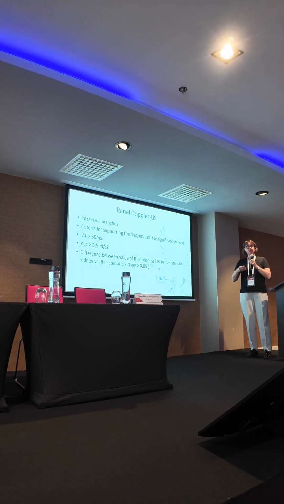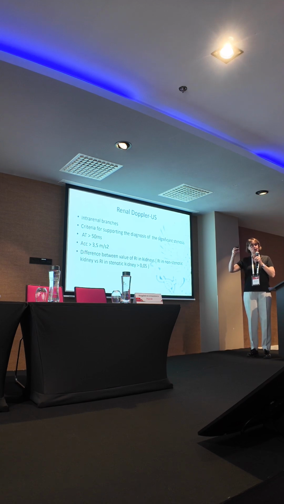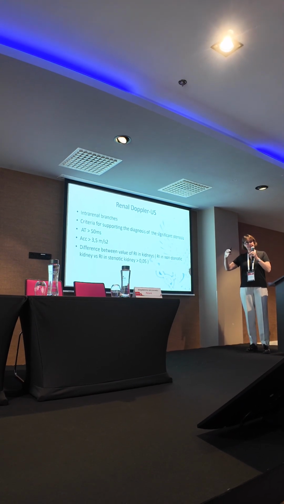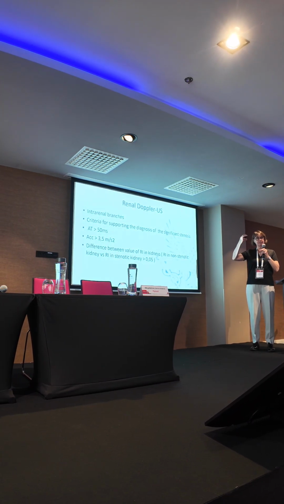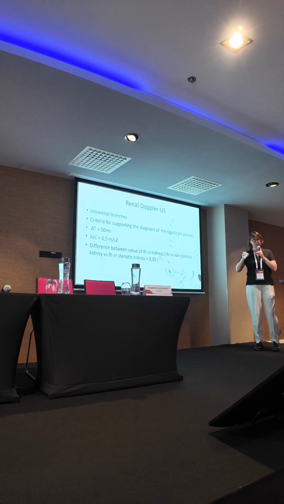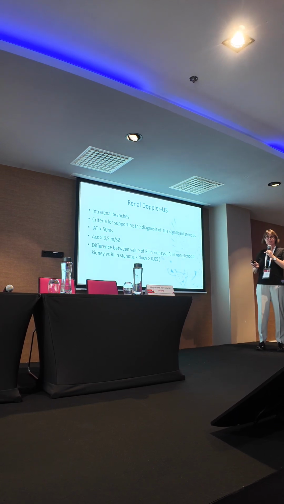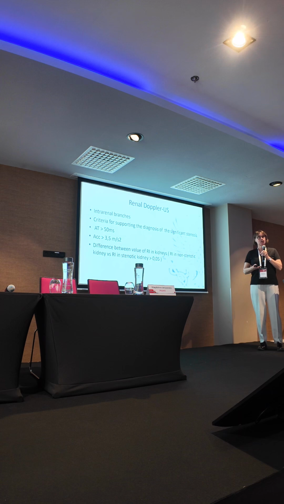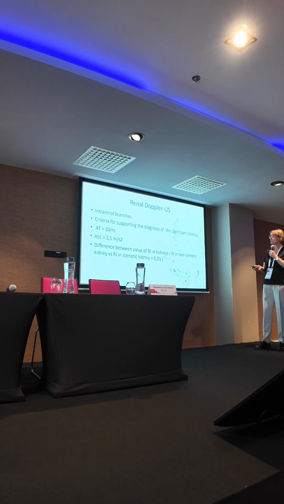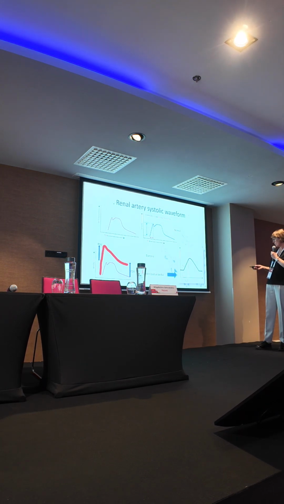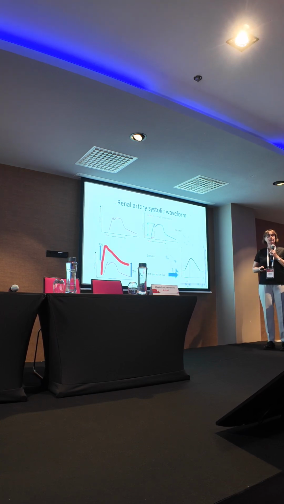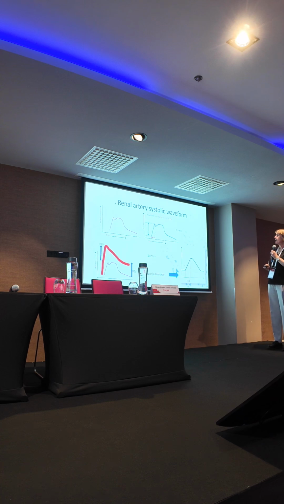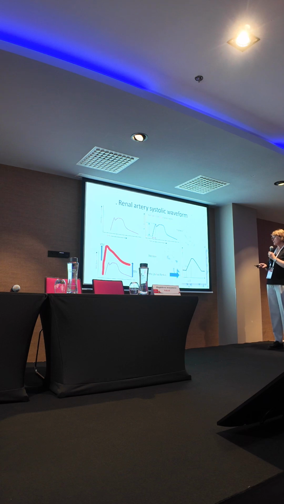That means the flow rises slower, but also goes down slower. So there is not much difference between the peak systolic and diastolic, but this is only in intrarenal branches. This is the slow acceleration, slow going down. This is the pulsus tardus, and this is why you can think about significant stenosis.